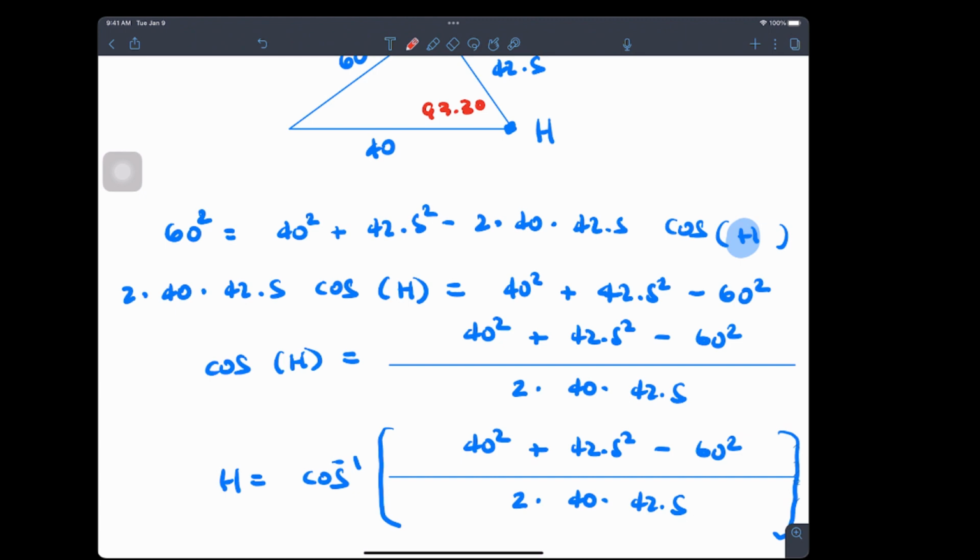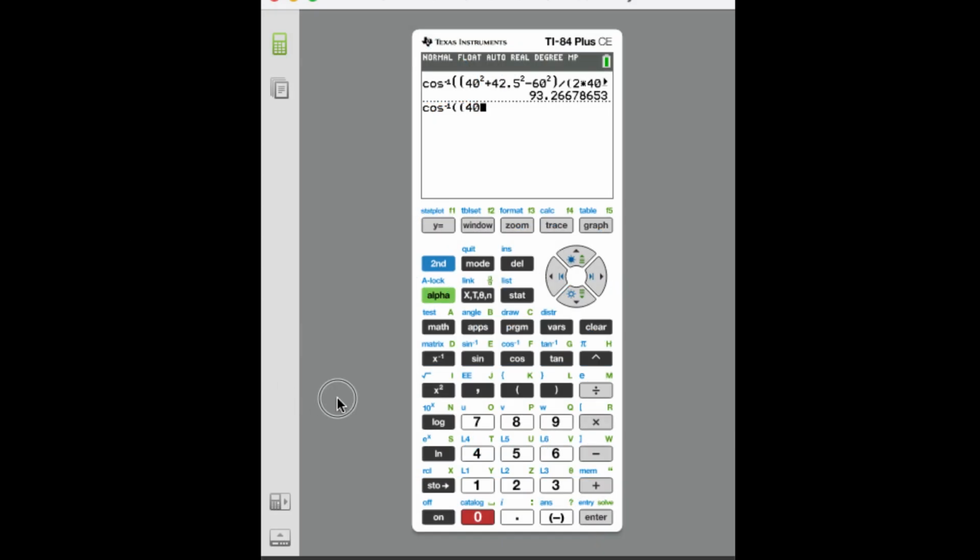So let's double check. All right, let's try that again, just in case. Second inverse cosine, parentheses, 40. Let's look at the calculator so you guys can see that here. 40 squared plus 42.5 squared.